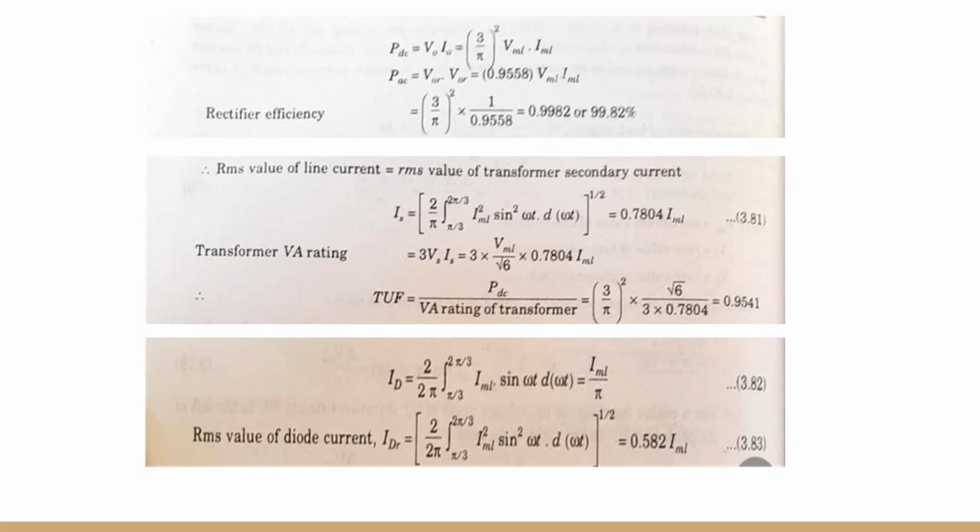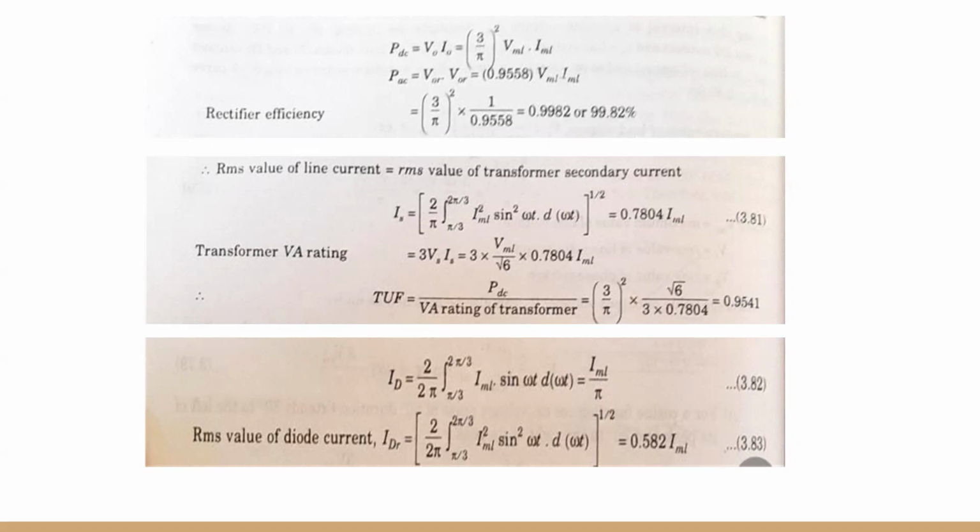Then we get 3 VML upon pi equals 3 under root 2 V1 upon pi equals 3 under root of 6 Vp upon pi, where VML equals maximum value of line voltage, V1 equals RMS value of line voltage, and Vp equals RMS value of phase voltage.